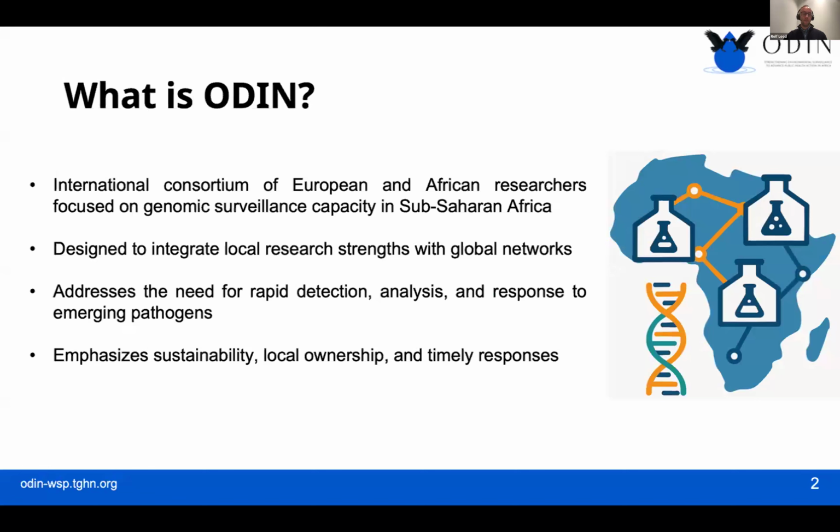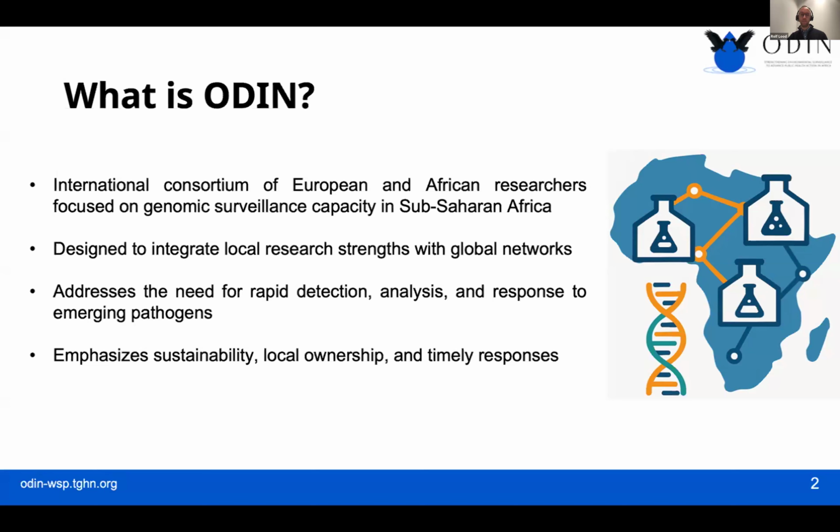So what is ODIN? I could spend an hour talking just about that, and don't you worry, I will not. But at its core, I would say ODIN is a partnership with purpose. It's an international consortium of European and African researchers built around one central idea: that genomic surveillance should not be a privilege reserved for certain countries.